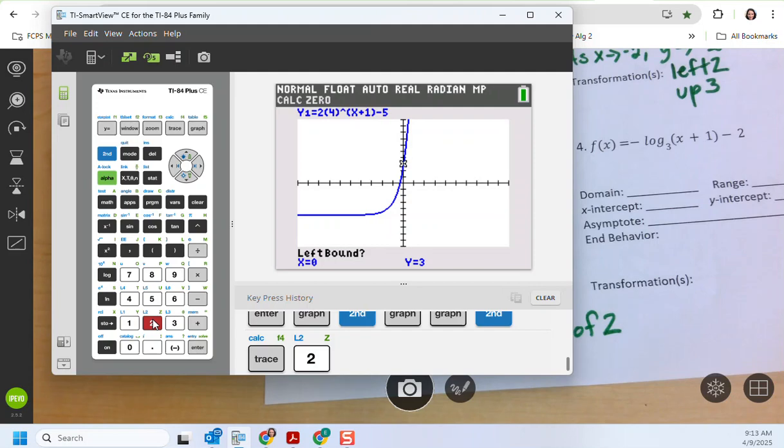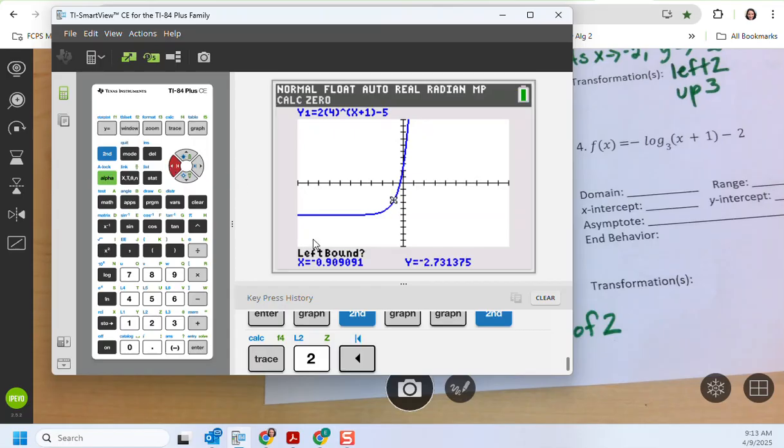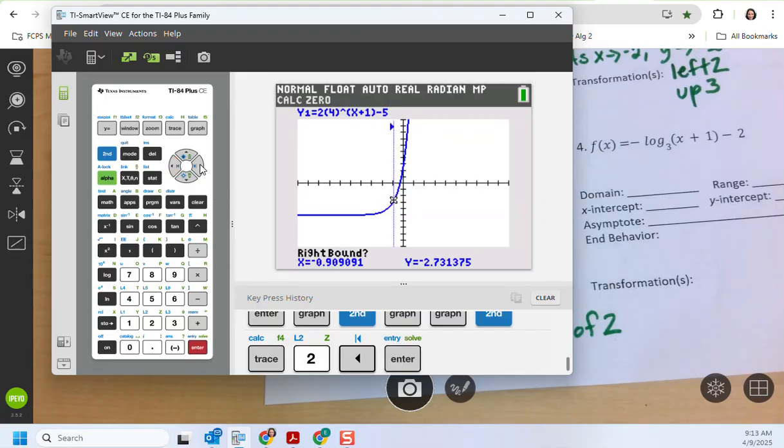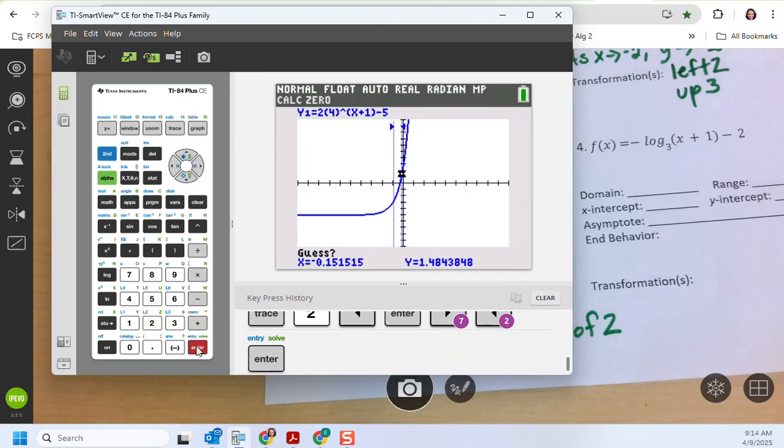I need to move the cursor to the left of the 0, so I use the left arrow. That's fine right there. Press enter once. Use the right arrow, move to the right of the 0. Actually, that's way too far. That's fine right there. Press enter. And then for guess, just move close to it and press enter.